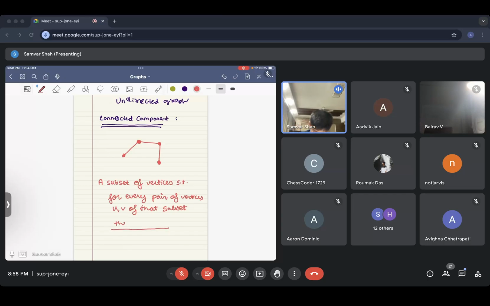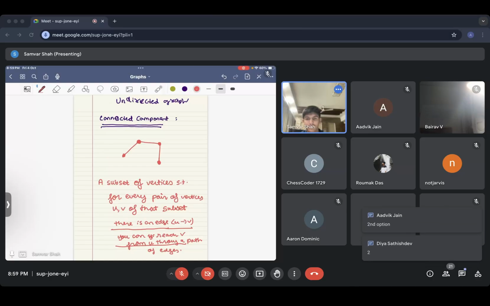There is an edge from u to v, or you can reach v from u through a path of edges. Which one is correct? Yeah, the second one is correct.